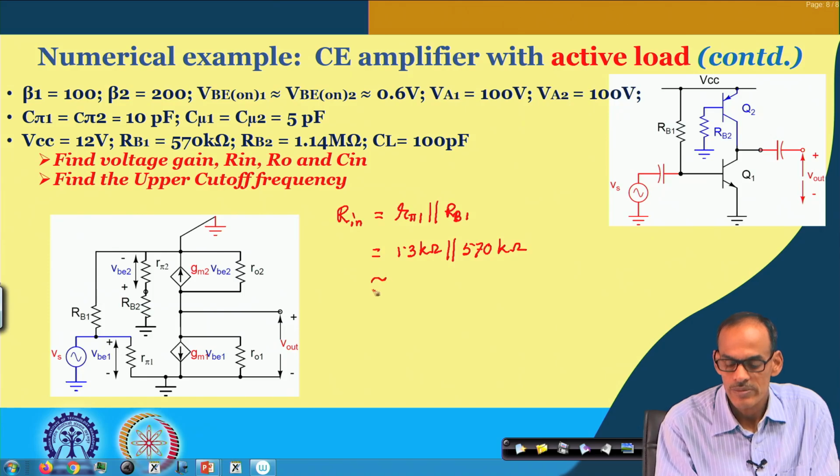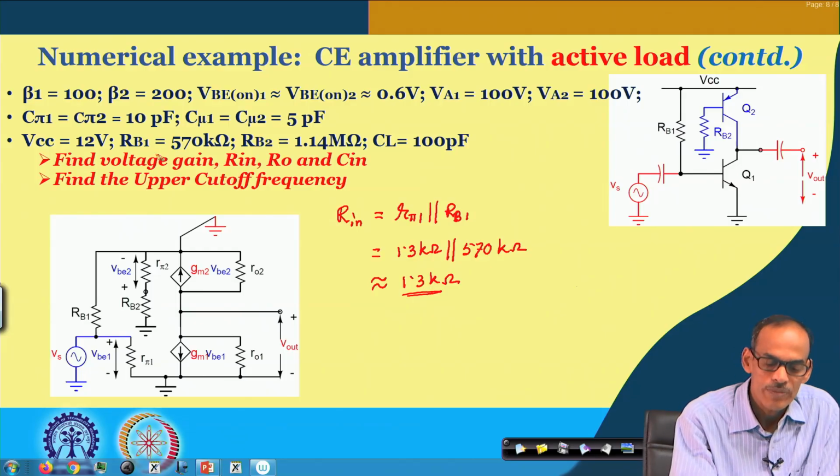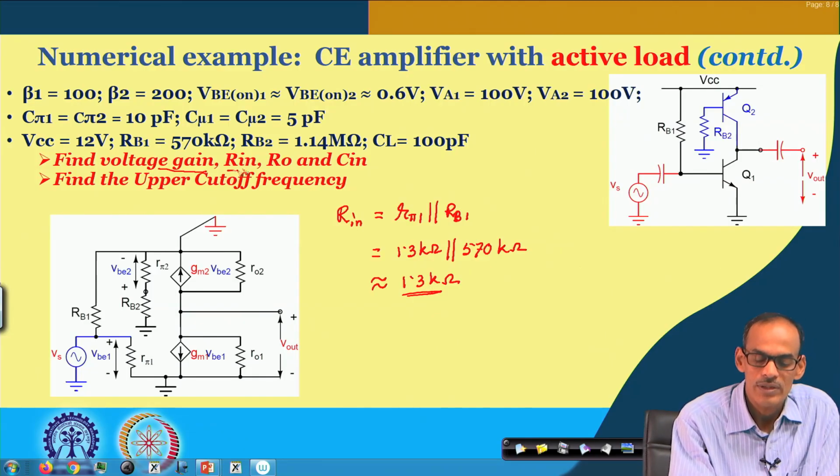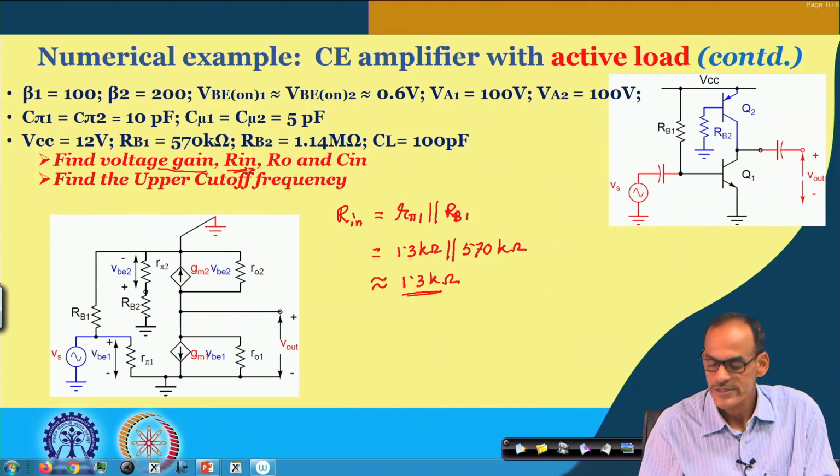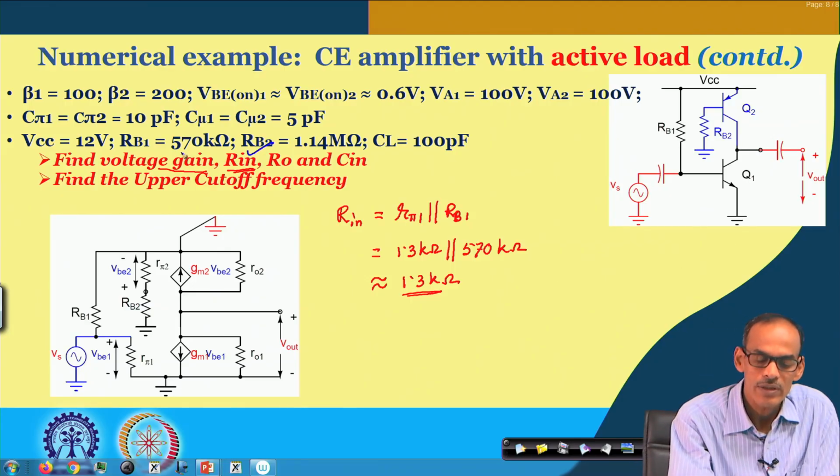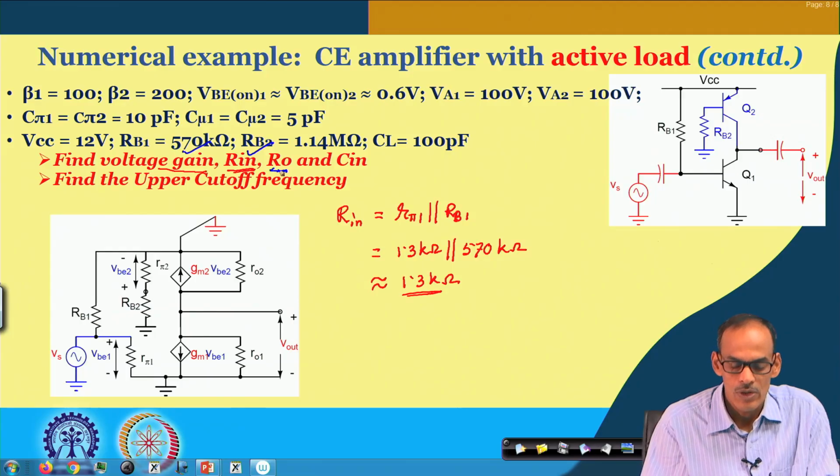So, you may approximate that this is 1.3 kilo ohm. So, we obtained the voltage gain, we obtained the input resistance, and next is the output resistance.